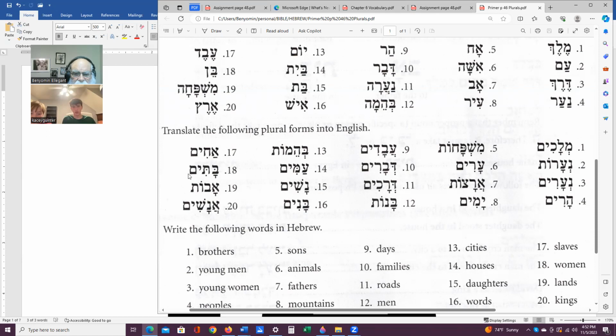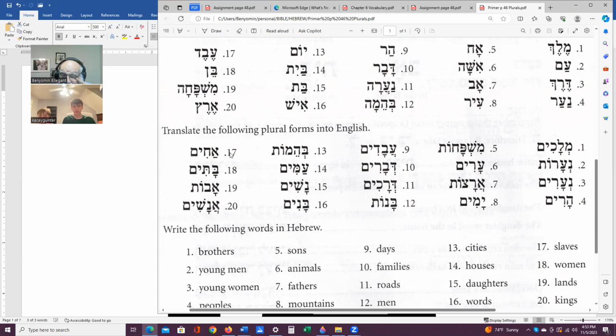Isn't it? Here's that other exception. Because isn't that fathers? Right, so this would be fathers. Isn't that strange? You've got avot, a father, taking on what would be a feminine ending, and nashim, women, taking a masculine ending.